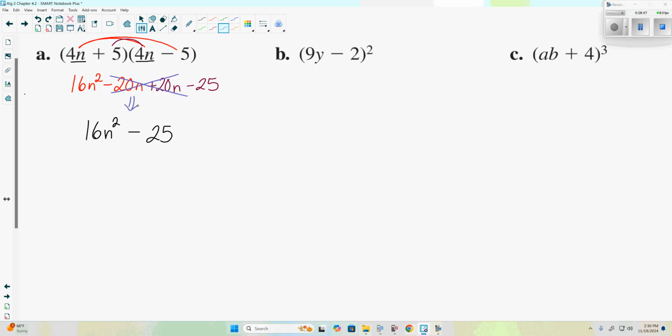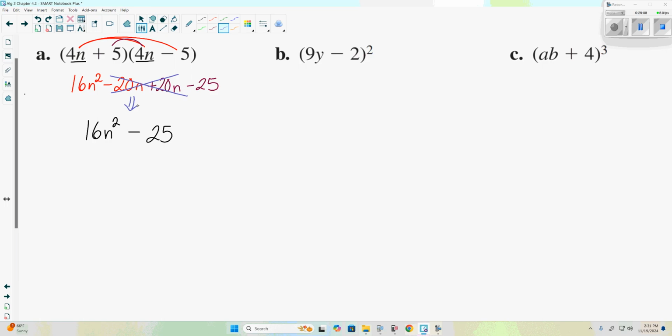Which still gets us to what? 16n squared minus 25. We'll still get to the same place if we multiply through. It's just if we notice that pattern, we can get there a little quicker. That's the only benefit from it. Does that make sense?